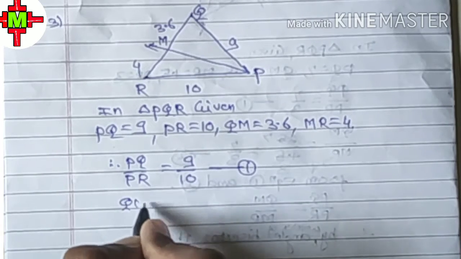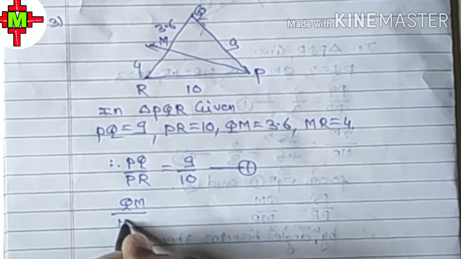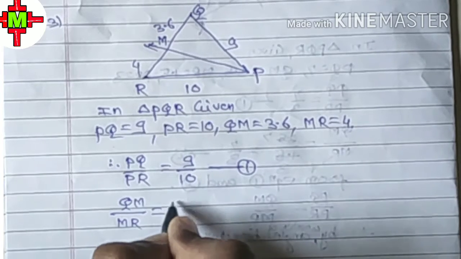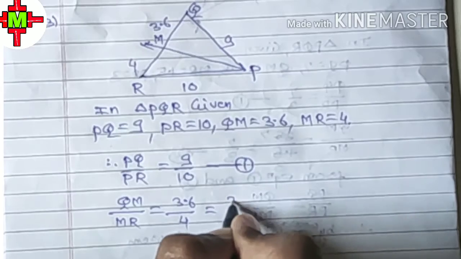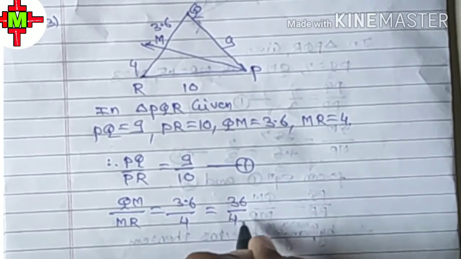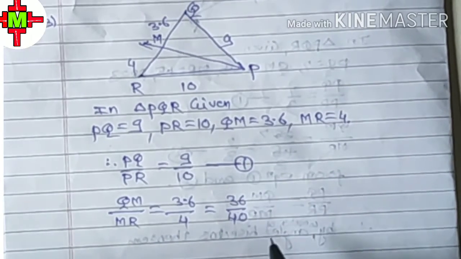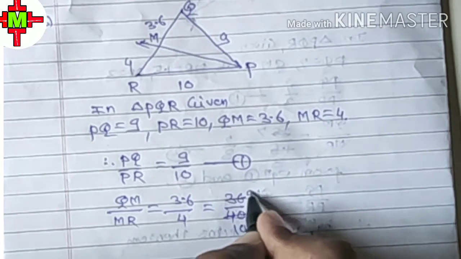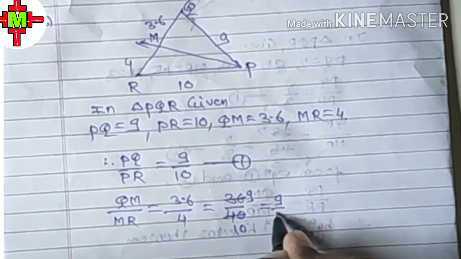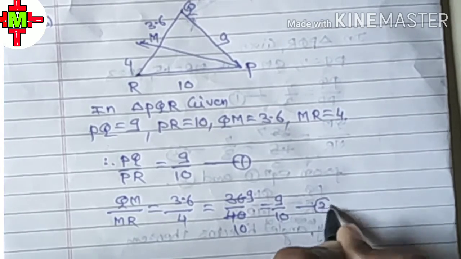QM divided by MR is equal to 3.6 divided by 4. We write it as 36 divided by 40. That means 9 by 10. Give this equation number 2.